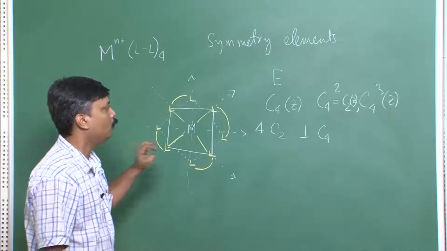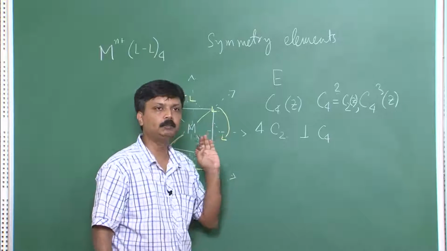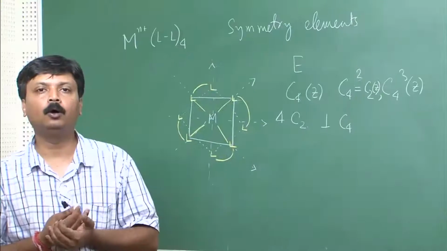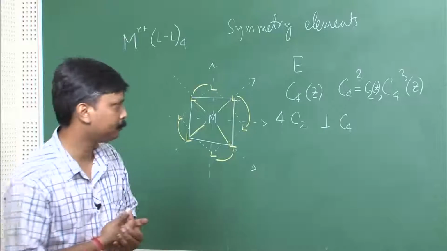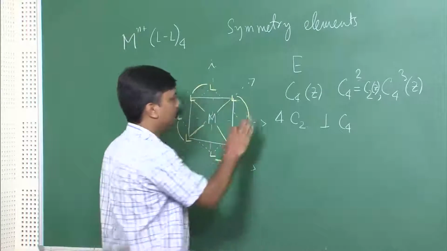So then what is the point group of this molecule? We know how to find the point group of any given molecular structure if we know the symmetry operations, and we now know them.